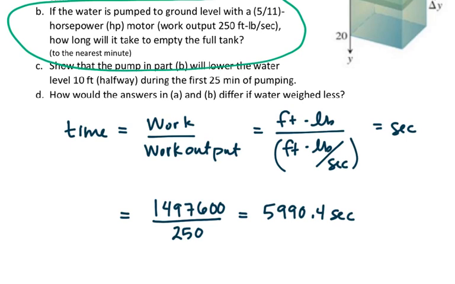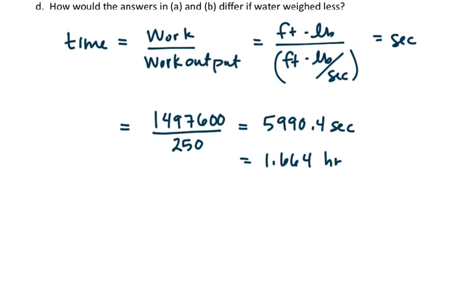And if I want to convert that to hours, I divide by 60 into minutes, divide by 60 once again, and that will give me 1.664 hours, or that the time is approximately 1 hour and 2/3 of an hour is 40 minutes. So it takes approximately 1 hour and 40 minutes to do this quantity of work.